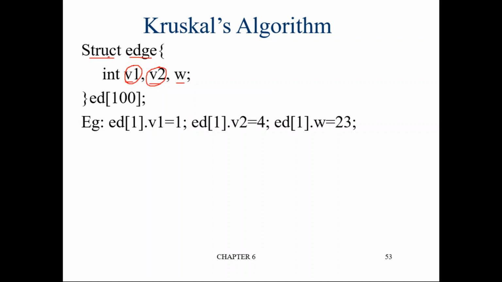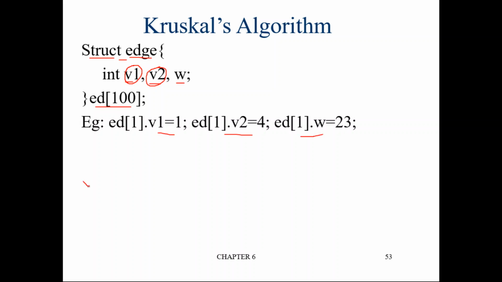So this is how we can define a structure edge. And we can create an array of members for this, right? Then you can initialize something like this. For example, ed of 1 dot v1 equal to 1, ed of 1 dot v2 equal to 4, ed of 1 dot w equal to 23.